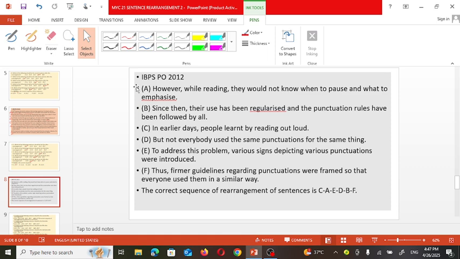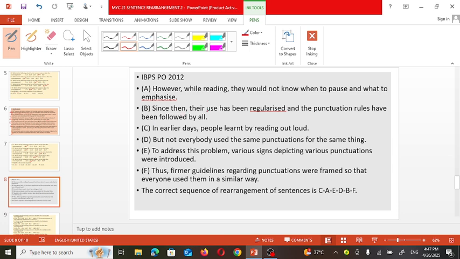Now let's see the next example. The question was asked in the IBPS PO exam 2012. Now let's go through all these statements given here. However, while reading, they would not know when to pause and what to emphasize.